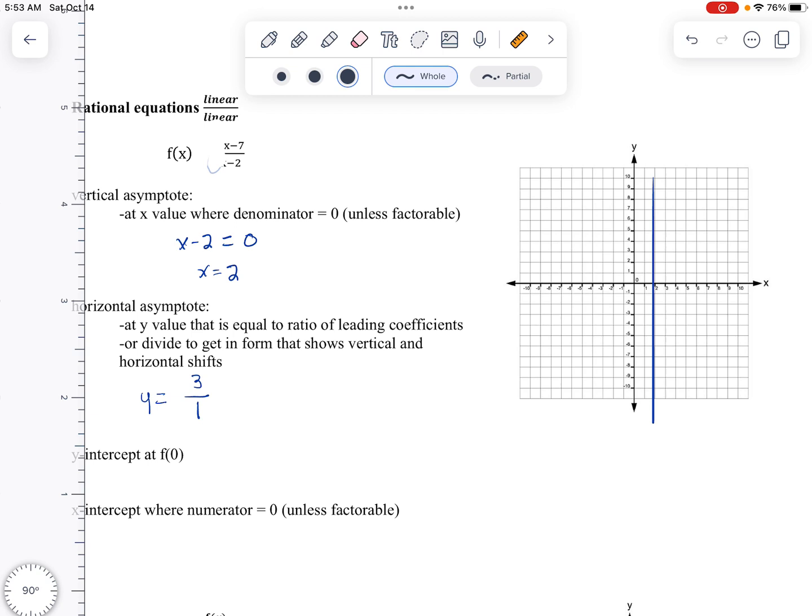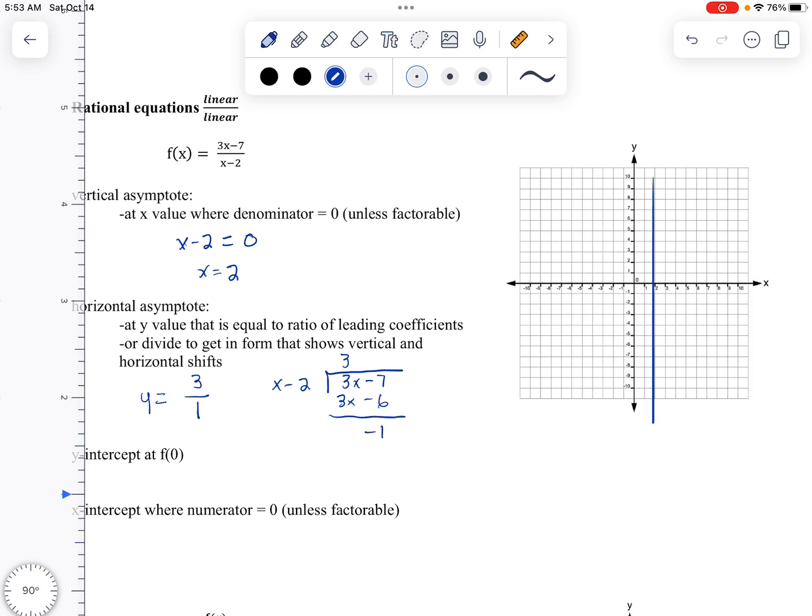Now, what's really going on here? Well, if I take 3x minus 7 and I divide it by x minus 2, 3x minus 6, negative 1.